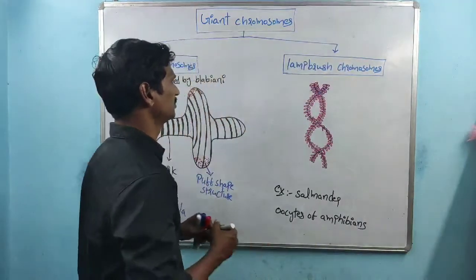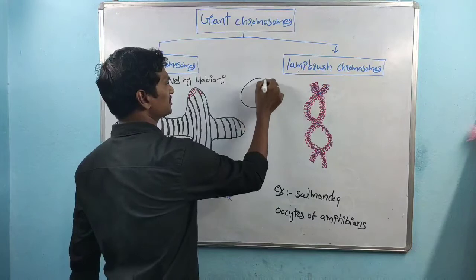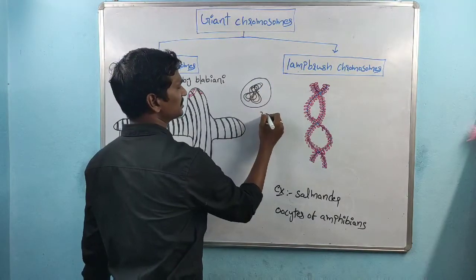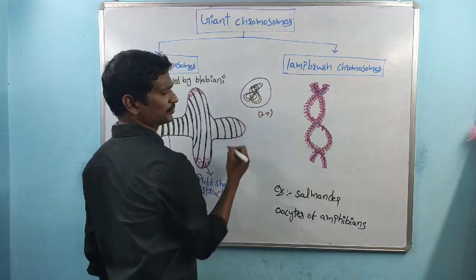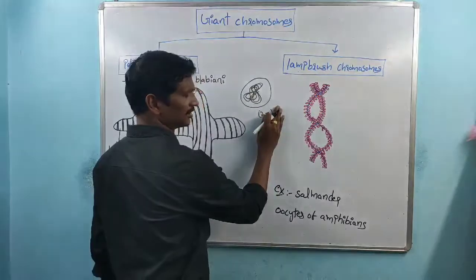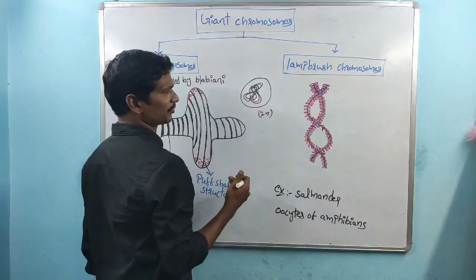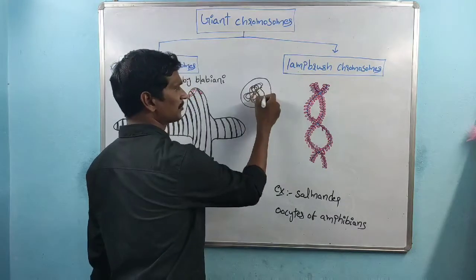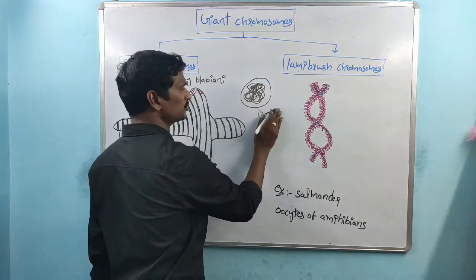The concept is very simple. This is a nucleus. It contains the genetic material. This is the 2n state, body state cell. During the cell division process, the 2n genetic material is replicated. The 2n becomes 4n.